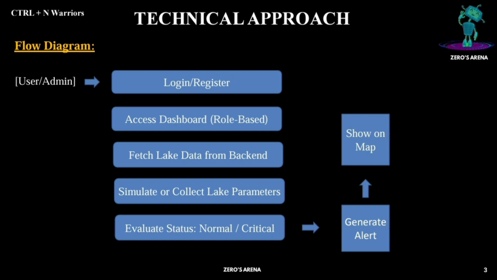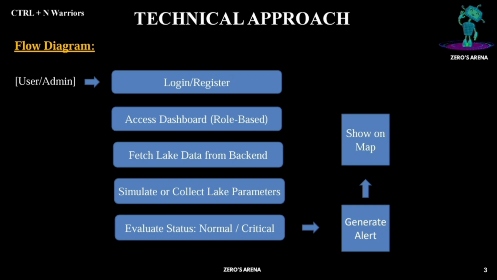After a certain duration of time, the parameters will be simulated, like the water level, temperature and the pressure. So they will get changed, and based on the change of the parameters, the lakes' statuses will be defined, and based on the categorization they will be either normal or critical.